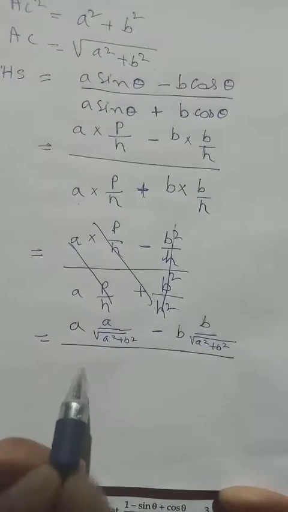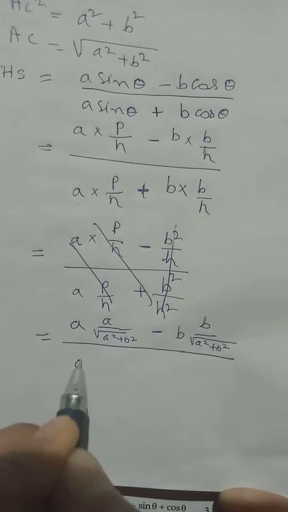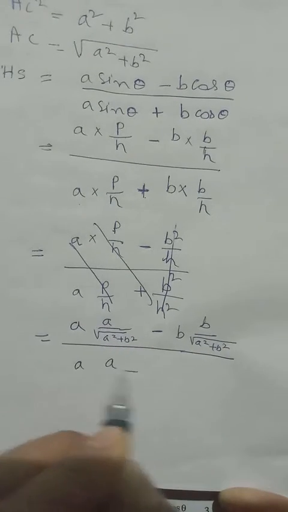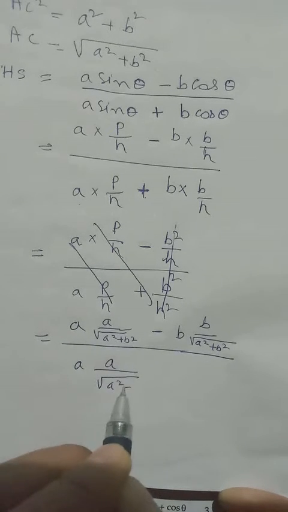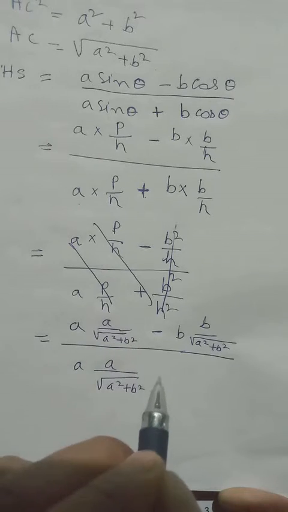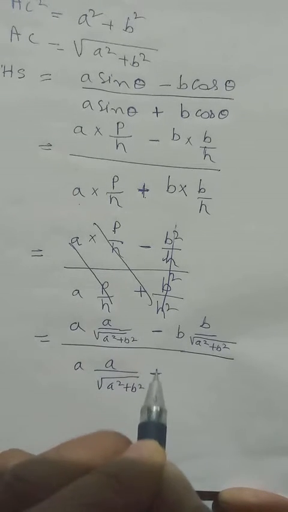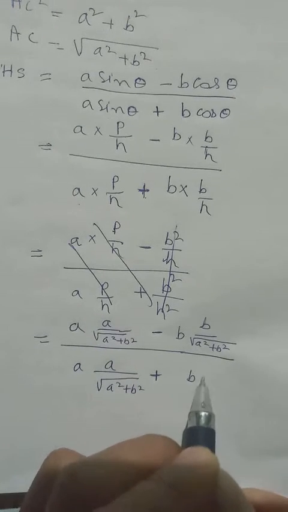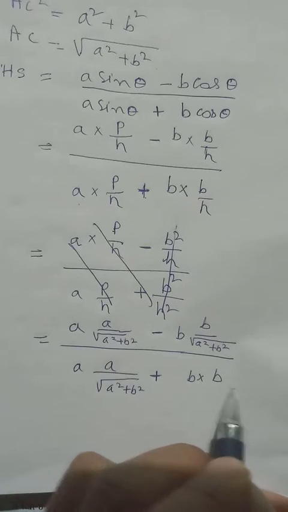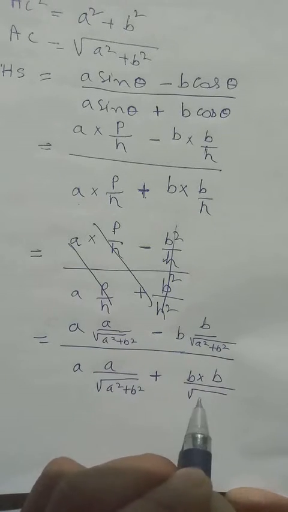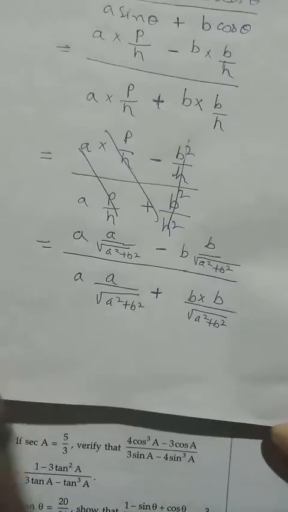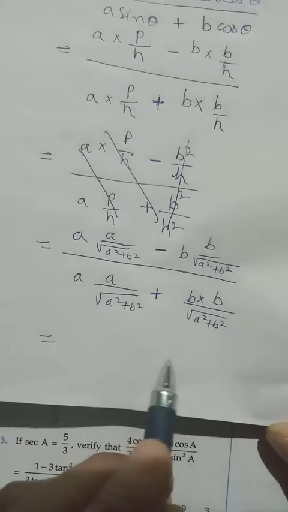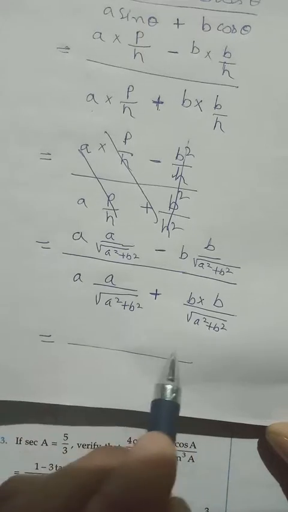In the denominator also the same: a, in place of P we put a, then in place of H we put square root of a square plus b square, then plus b into the base, here it is b only, and hypotenuse square root of a square plus b square. We have a fraction with plus, so that means we have to find the LCM.